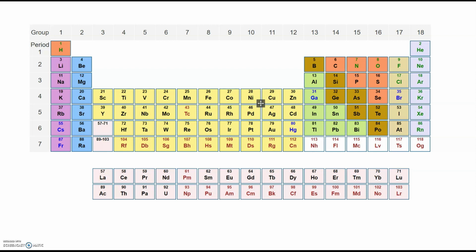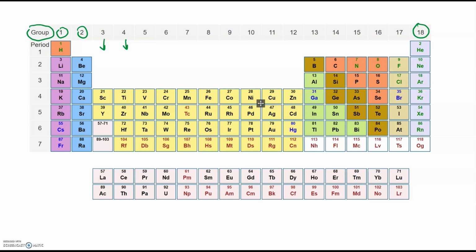We've got columns like this. All right, these are known as groups. Okay, and they have numbers 1, 2, 3, 4, and so on, all the way up to 18.